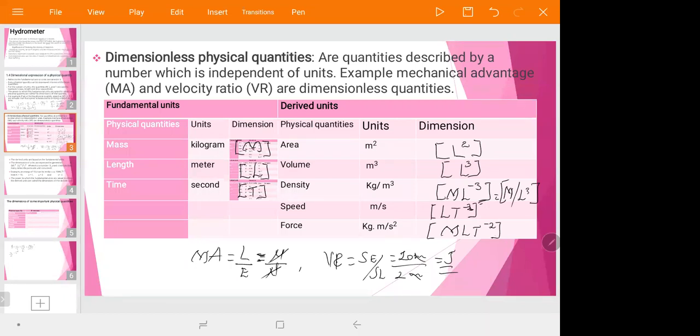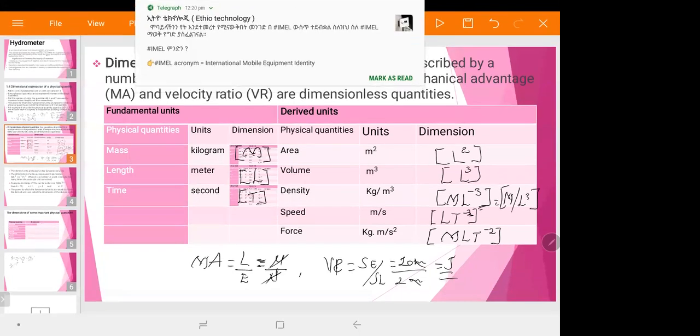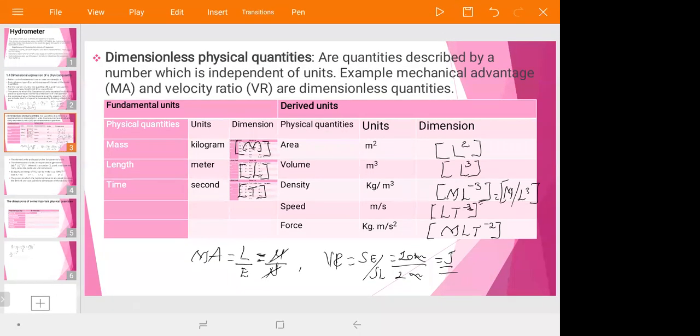For example, kilogram is the SI unit of mass. Meter per second square is the SI unit of acceleration. For example, force is equal to mass times acceleration. So to write the dimension of a given physical quantity, you must know the formulas of the given physical quantity as well as the basic physical quantity contained in that dimension.